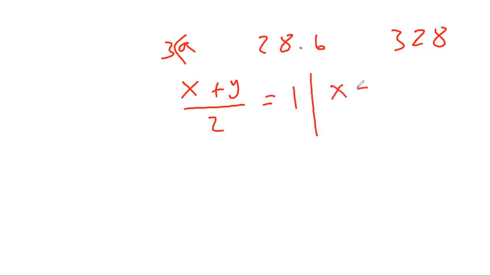So it will be x plus y equals 2 multiply 1 equals 2. Then y equals negative x plus 2. Very good, plus 2.